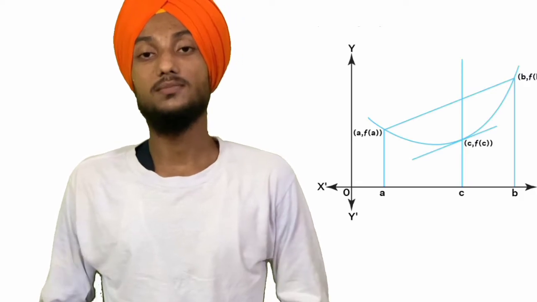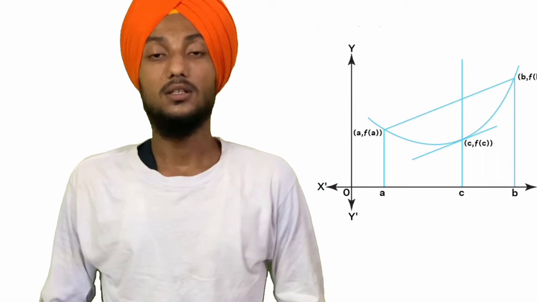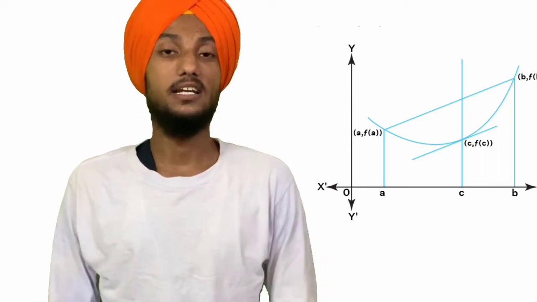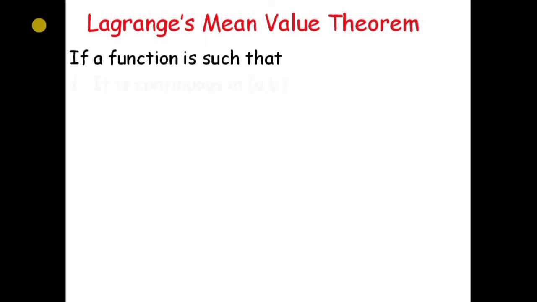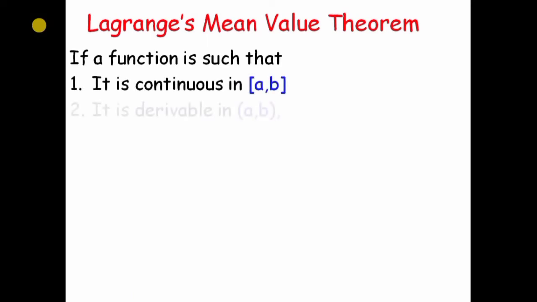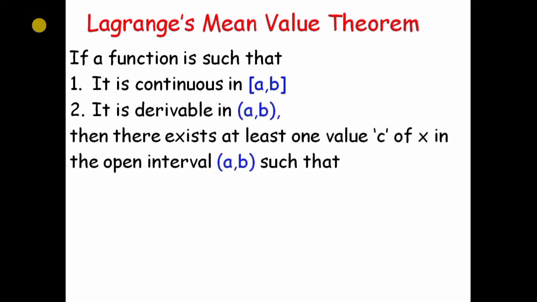The mean value theorem tells us about the rate of change of the function on a graph in terms of its derivative. So now let's begin with Lagrange's mean value theorem. If a function is continuous in the closed interval a, b and differentiable in the open interval a, b, then there exists at least one value c in the open interval a, b such that f of b minus f of a upon b minus a is equal to the derivative of that function at that point c.